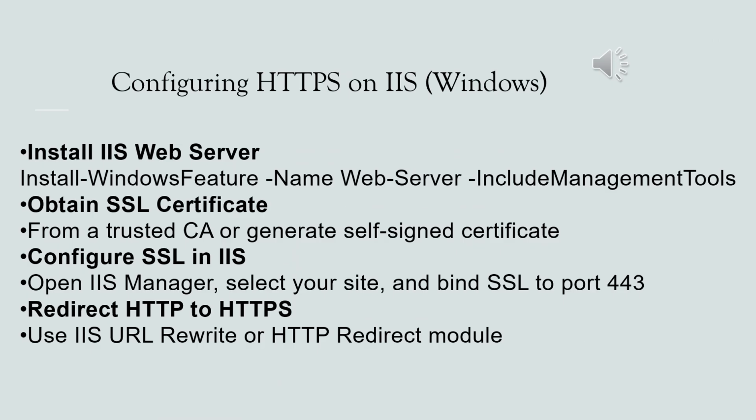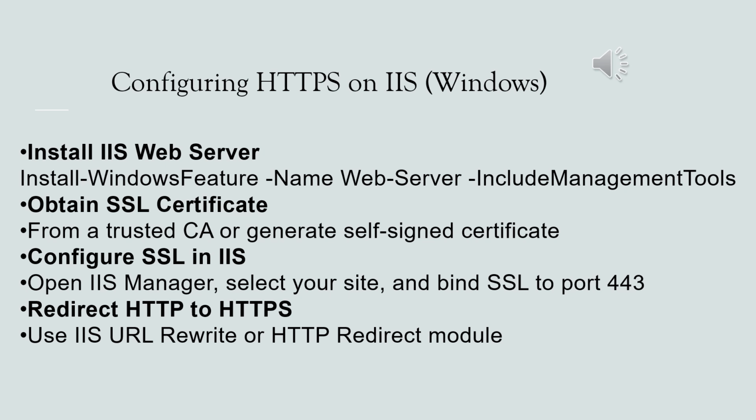Now, configuring HTTPS on IIS, also known as Windows, you want to first start off by installing the IIS web server. To do that, you would use Install-WindowsFeature, name Web-Server, and then include management tools. Also, the next step would be to obtain the SSL certificate.